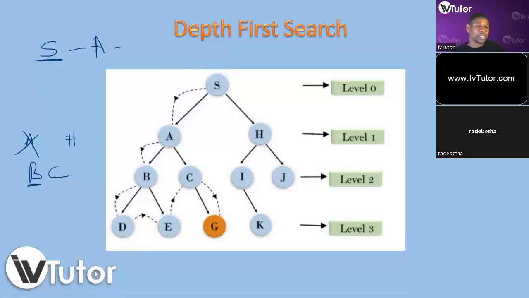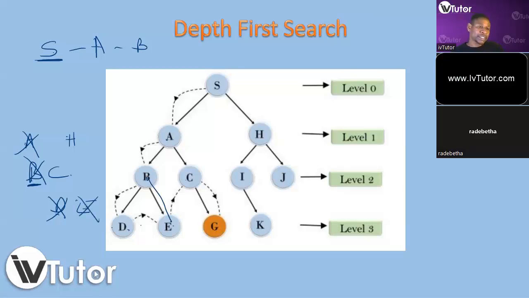We take B out, and then once B goes out, we're going to be left with D and E. And then it will go to D. D does not get expanded. Because B is done, the last one that was put in is going to be E, so that is done.